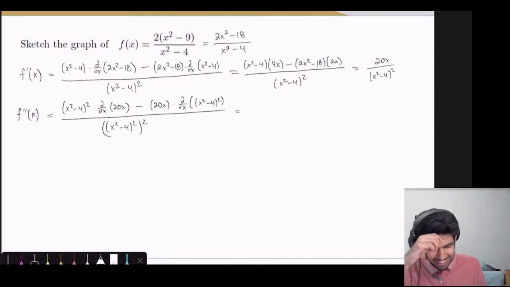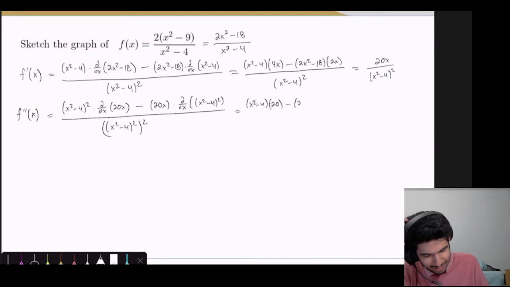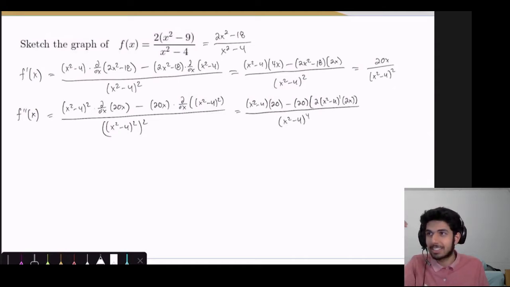Goodness me. Okay, let's simplify the numerator. This is x squared minus 4, derivative of 20x is 20, minus 20x. Derivative of this, that's going to use the chain rule. 2 times x squared minus 4 to the power of 1 times the derivative of the inside, which is 2x. Our denominator, we can just multiply our powers and we get x squared minus 4 to the power of 4.